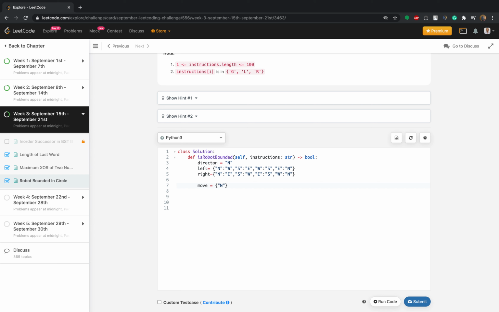If it moves north, your x-axis remains the same and your y-axis moves by 1.